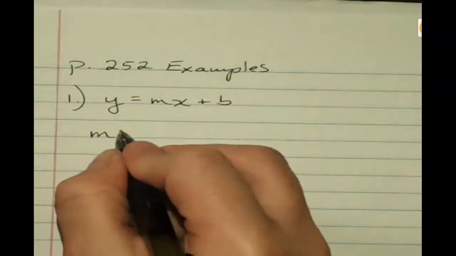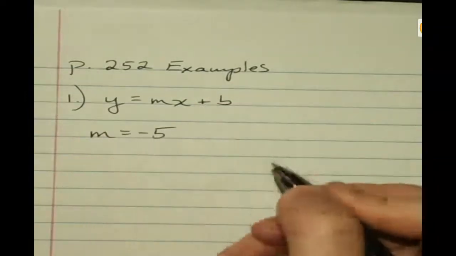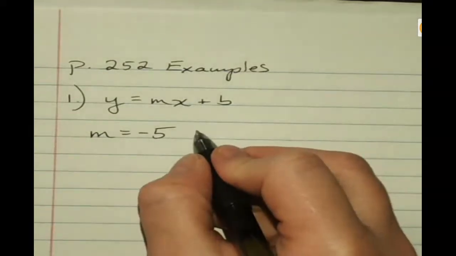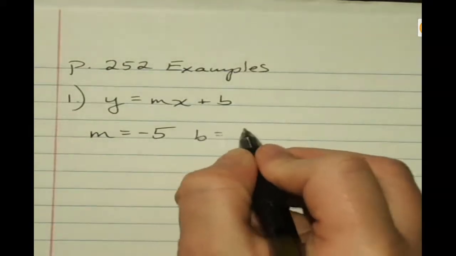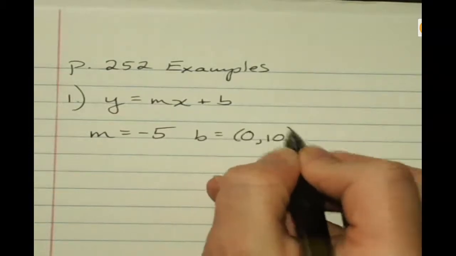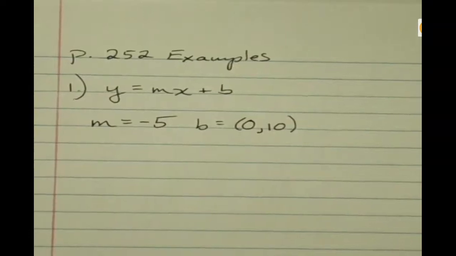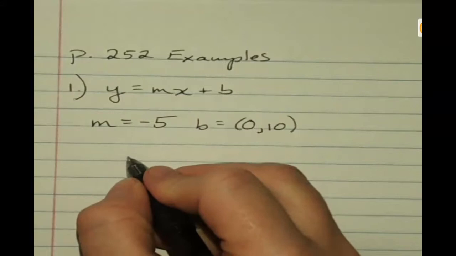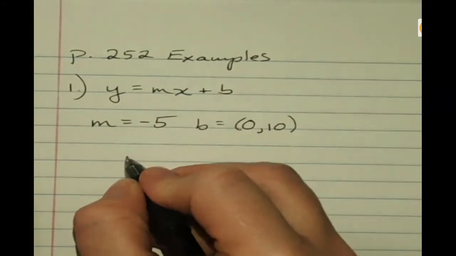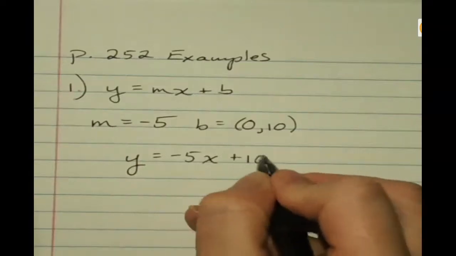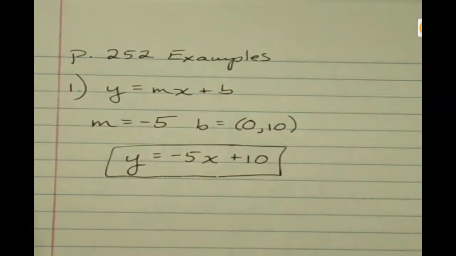They gave you the slope, which is negative 5, and the y-intercept of (0, 10). Michael, how would your equation look with that information? Y equals negative 5 times x plus 10. Very good, Michael.